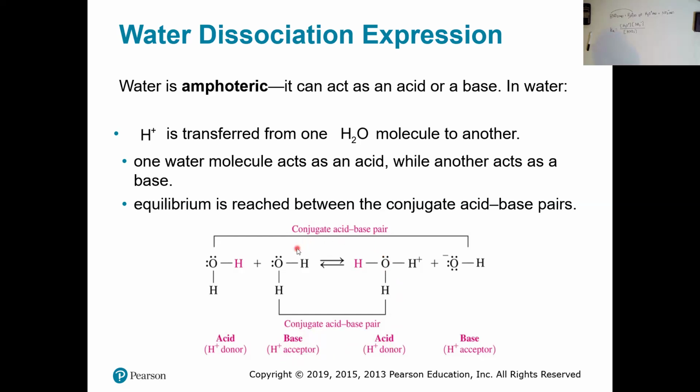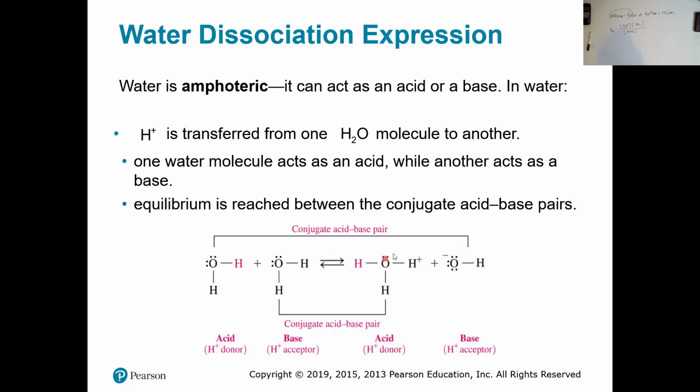When you have pure water that's left on its own, over time, it's going to reach equilibrium and there's going to be a certain amount of each of these ions present, a certain amount of H3O plus and OH minus present. Okay.